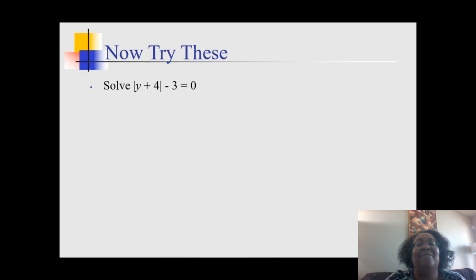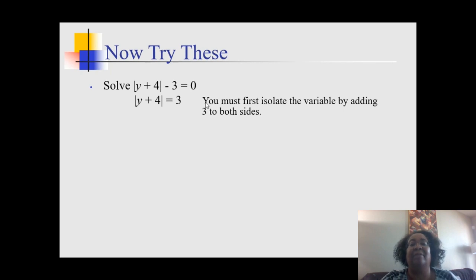Now try these. This one, remember, it's not isolated. The absolute value is combined on this side with negative 3, so you're going to have to add 3 first. And that will leave you with the absolute value of y plus 4 equals 3 when you do that.